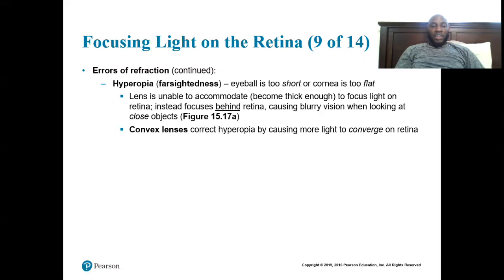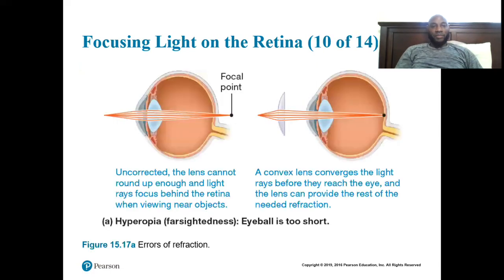So what we do is we get that person convex lenses that allow light to converge on their retina, right? If their lens can't cause light to converge enough to focus on the retina, we give them glasses that can help do that, as you can see here.